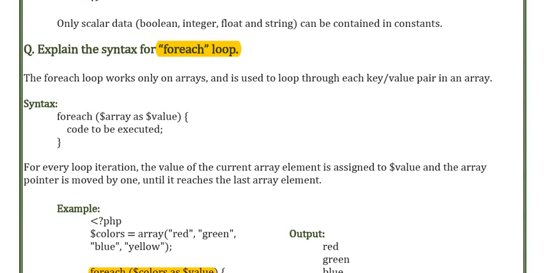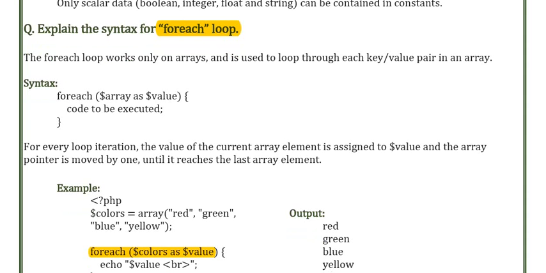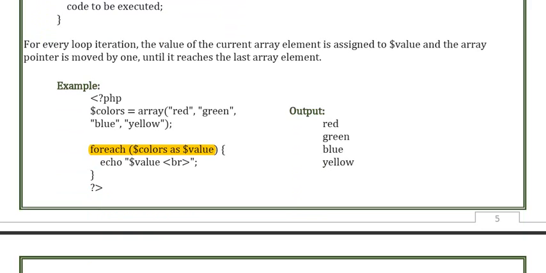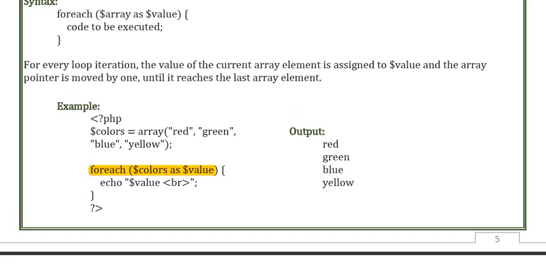Now, the foreach loop. This loop is very important in PHP. In the foreach loop, we have an array as the value. In this code, you can see here, first of all, after the PHP tag, we use an array which is $colors.